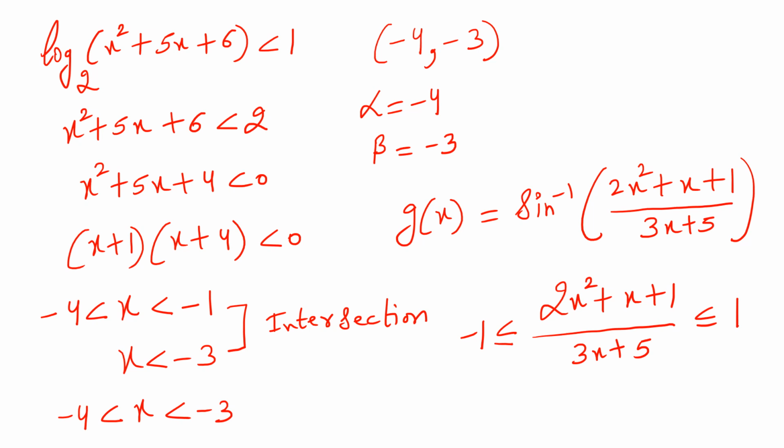Now when I consider the first inequality, I get (2x square plus x plus 1) divided upon (3x plus 5) greater than or equal to minus 1. Now let's solve it. Now students, this inequality can be written as (2x square plus x plus 1) whole divided upon (3x plus 5) plus 1 greater than or equal to 0.